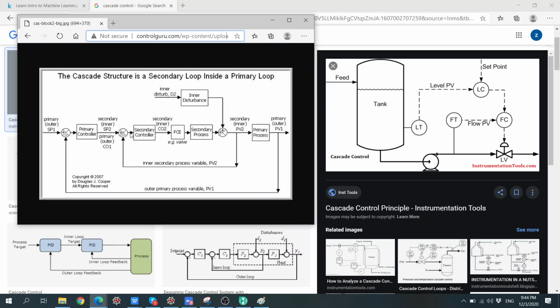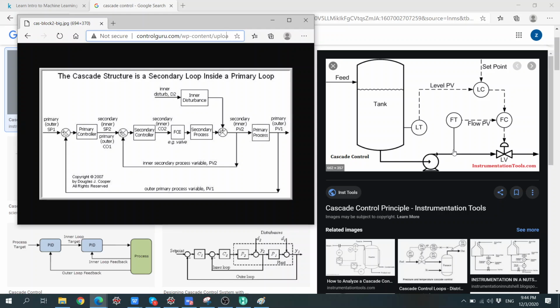So we have another error, and this error is then sent to the controller. The logic behind it will say, okay, you need to either open or close the valve. If it's closed, then we have a lower flow rate over here.